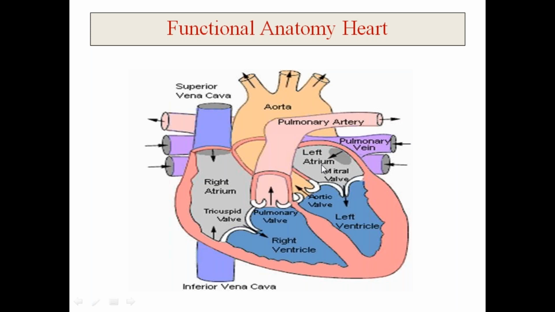The left atrium is connected with the left ventricle through the mitral valve, and from the left ventricle, this blood is pumped into the aorta, into your systemic circulation. So basically, the right side of your heart receives deoxygenated blood from the systemic circulation, and the left side of your heart gets oxygenated blood from the pulmonary circulation.